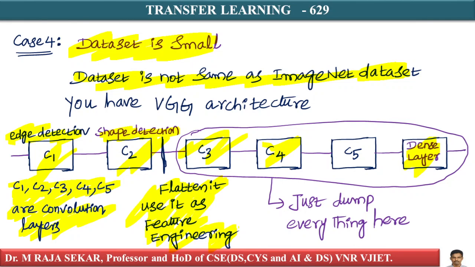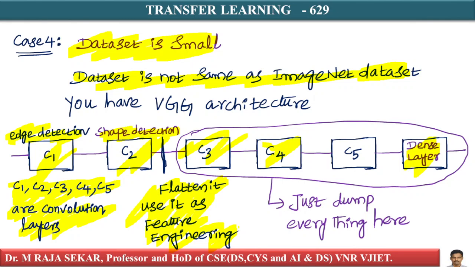So I will take the output that I get after C2, and I will simply flatten it and use this as features. This is another hack. This is especially useful when your data set is dissimilar to the original data set on which the model was trained, and your data set is small.